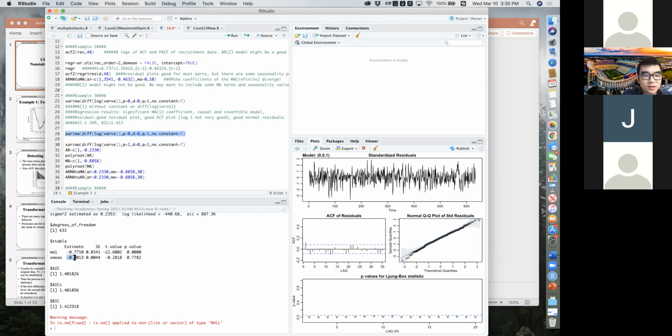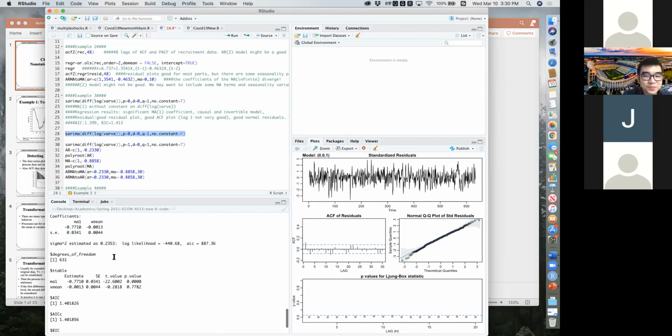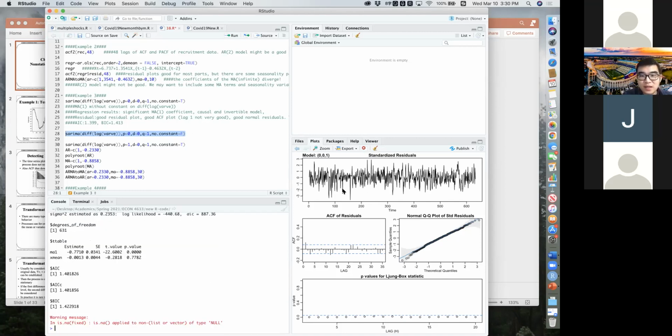Not surprisingly, you can see that the mean, which is this x mean, is almost equal to 0. Because we do this difference, the mean should be equal to 0, and it is also insignificant. And you can see that the residual plots are pretty much similar.